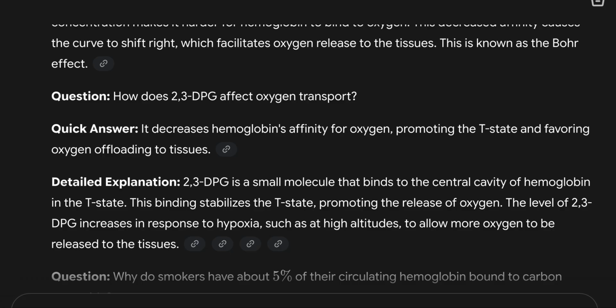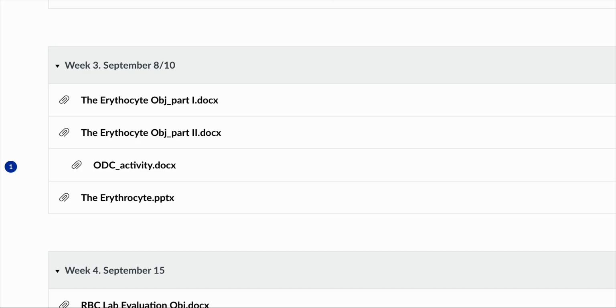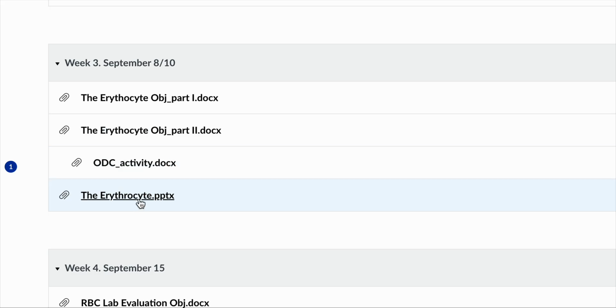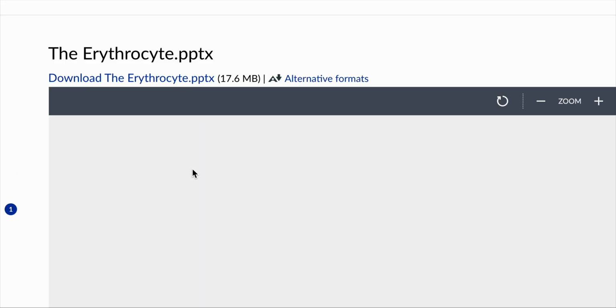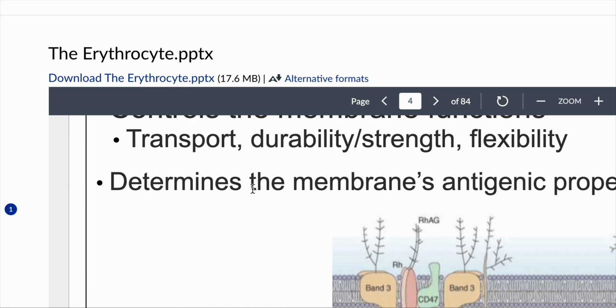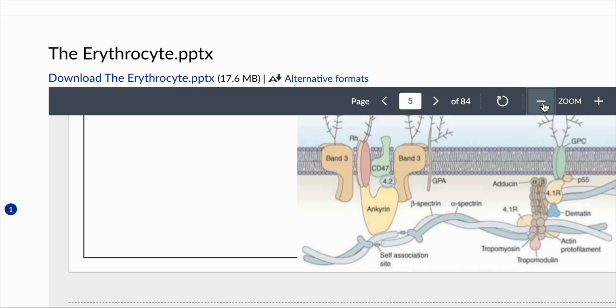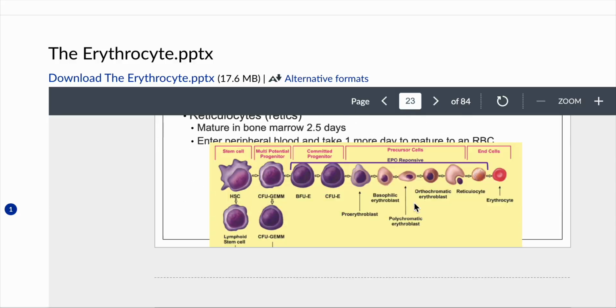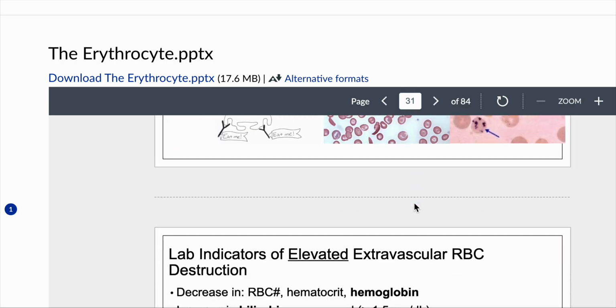Hold on one second. Let me double check this. Let me take a look at that graph really quick.